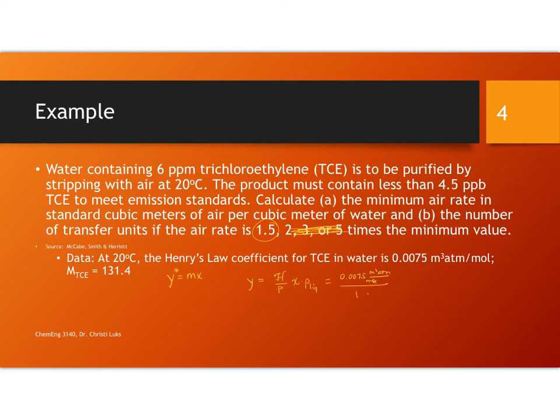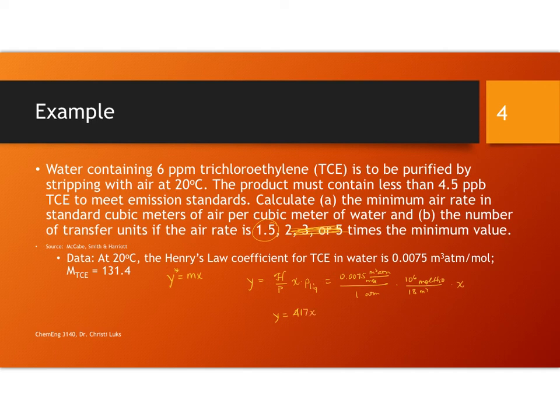My pressure is 1 atmosphere. The density is 10 to the 6th moles of water per 18 cubic meters, and then times X. So what I end up with is, in terms of mole fractions, Y is equal to 417X.